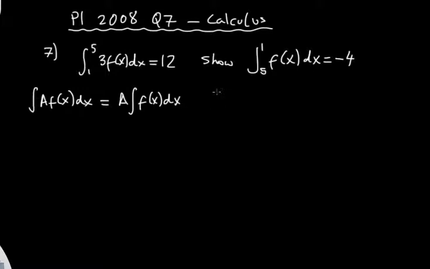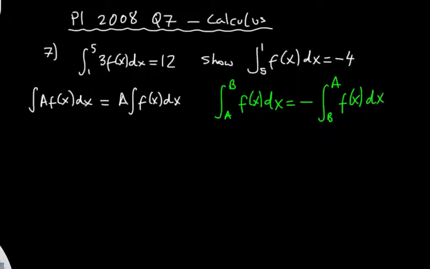The second one that we need to know is this one. What happens if you flip the limits from 1 to 5 or from 5 to 1? The integral from a to b of any function with respect to x is equal to the negative of the integral from b to a of the same function.